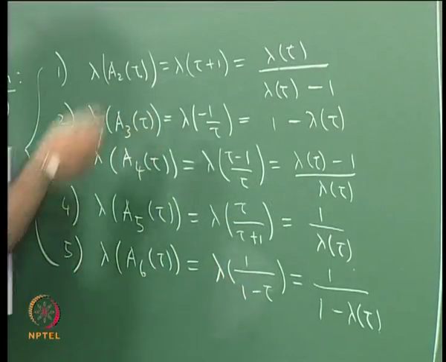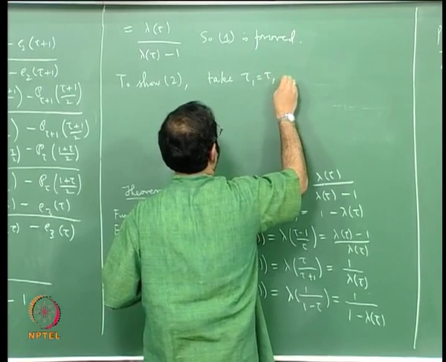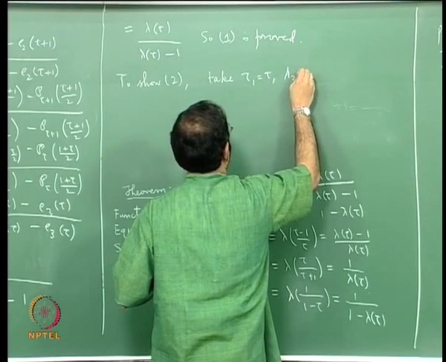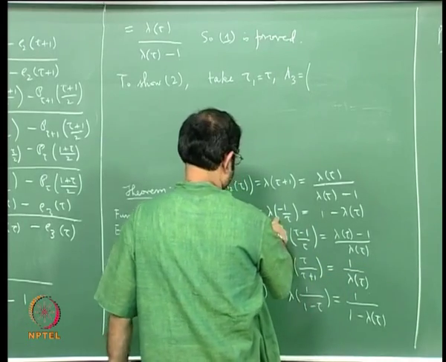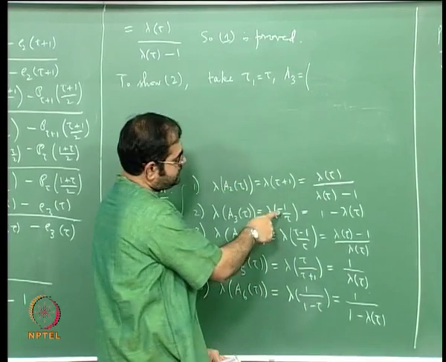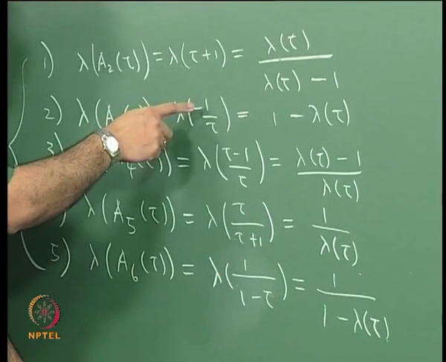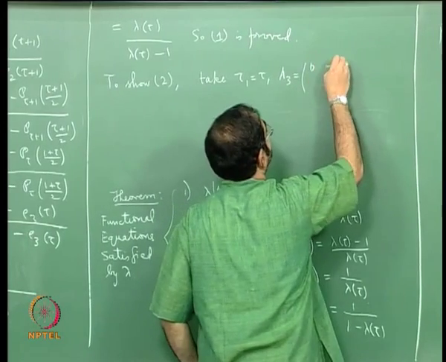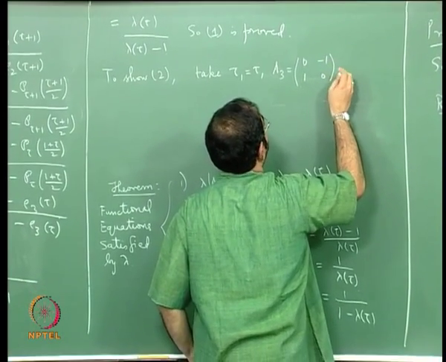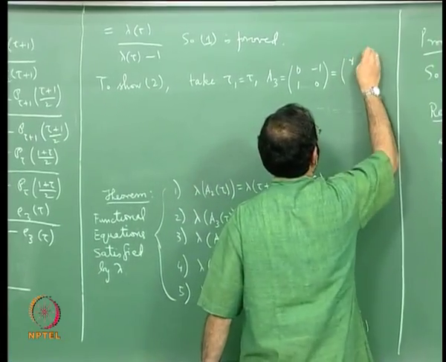So you take tau 1 equal to tau, and A3 is just the matrix 0, minus 1, 1, 0, which has to be compared with alpha beta gamma delta.